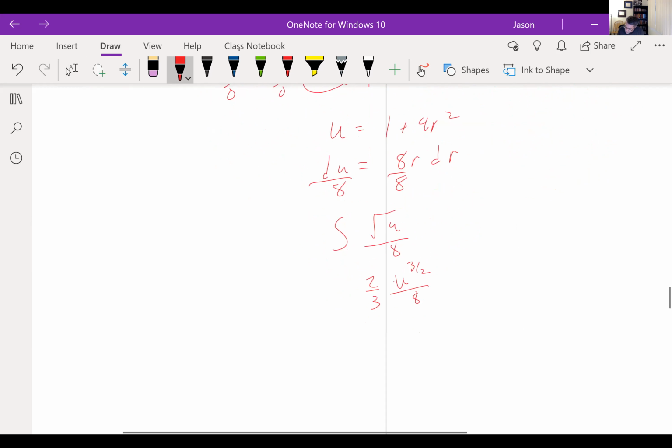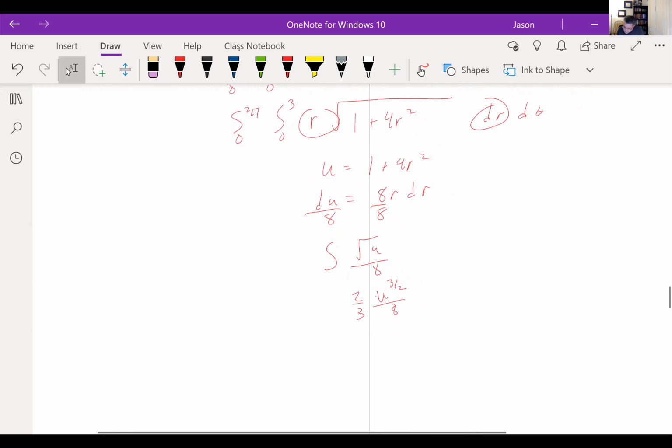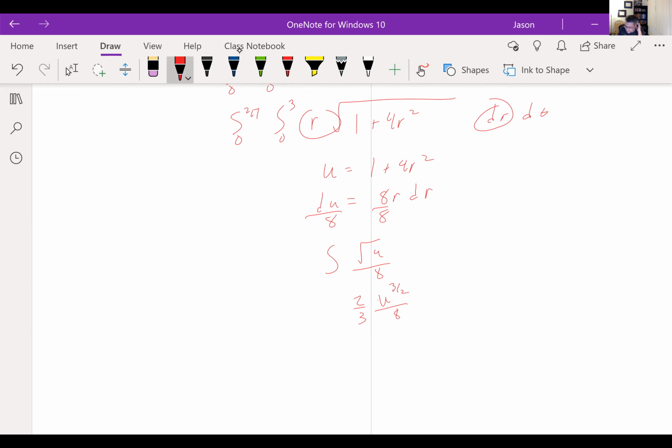Then I'm going to plug in my original value, because I want to keep my original limits of integration. I guess I could change them. What are my limits now? Plug in 0, we get 1. Plug in 3, we get 37, I think. Yeah, 37.